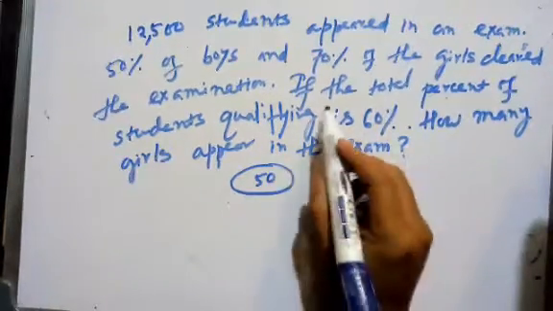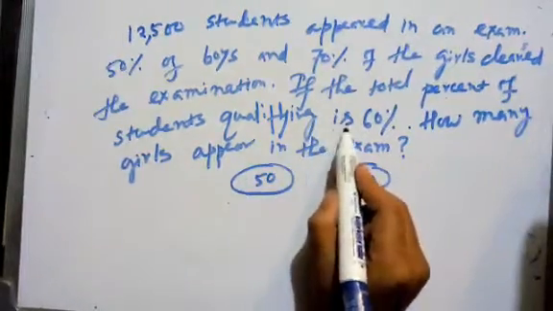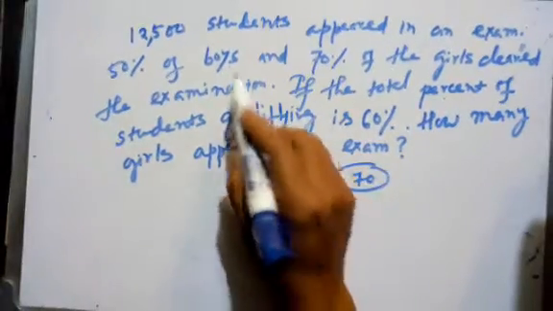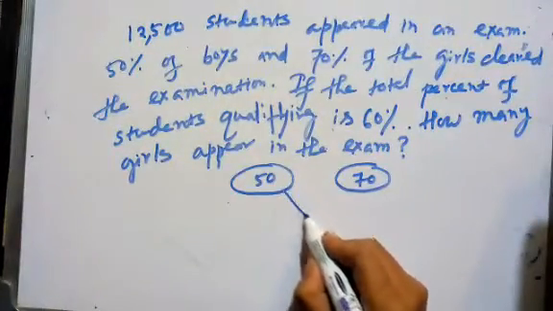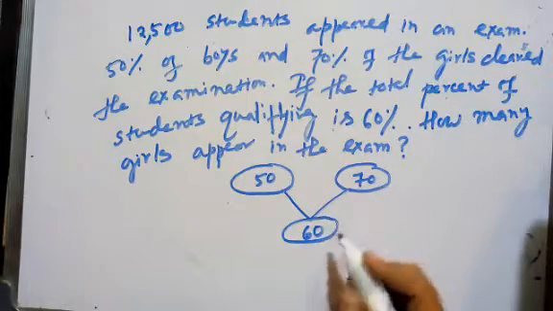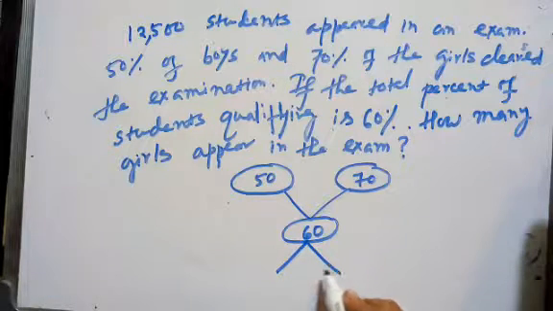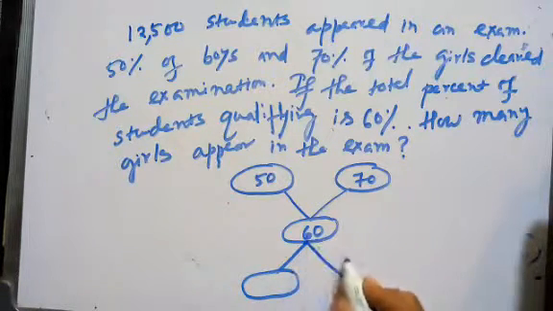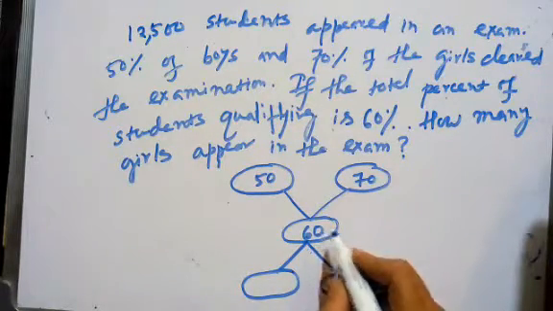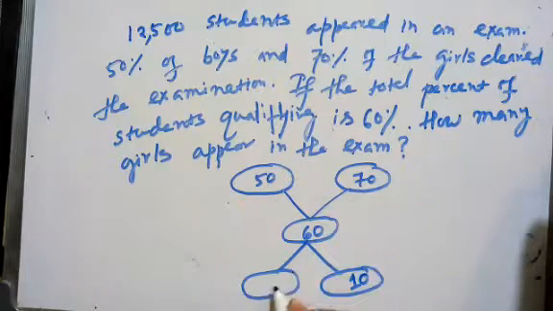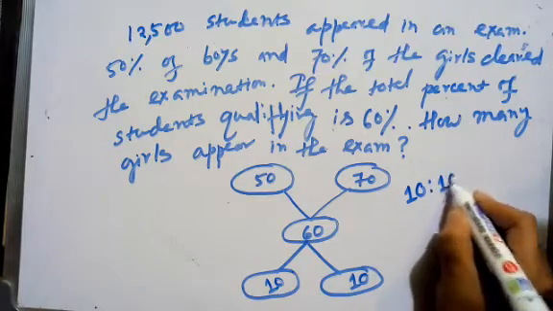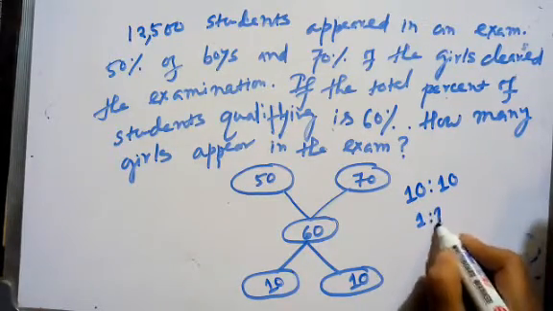The total percent of students qualifying is the mixed percent of boys and girls, so it is 60. Clear? So the outcomes are 60 minus 50, that means 10, and 70 minus 60, that means 10. So the ratio is 10:10, that means 1:1.